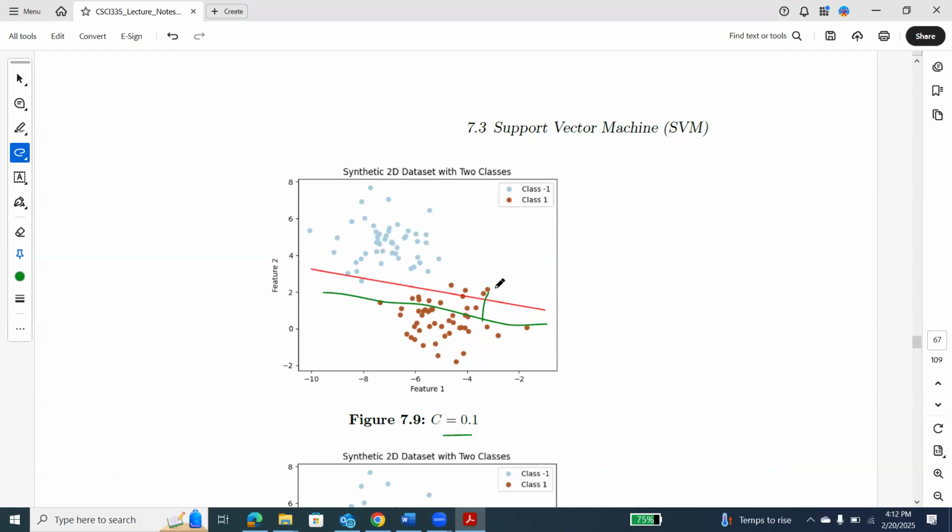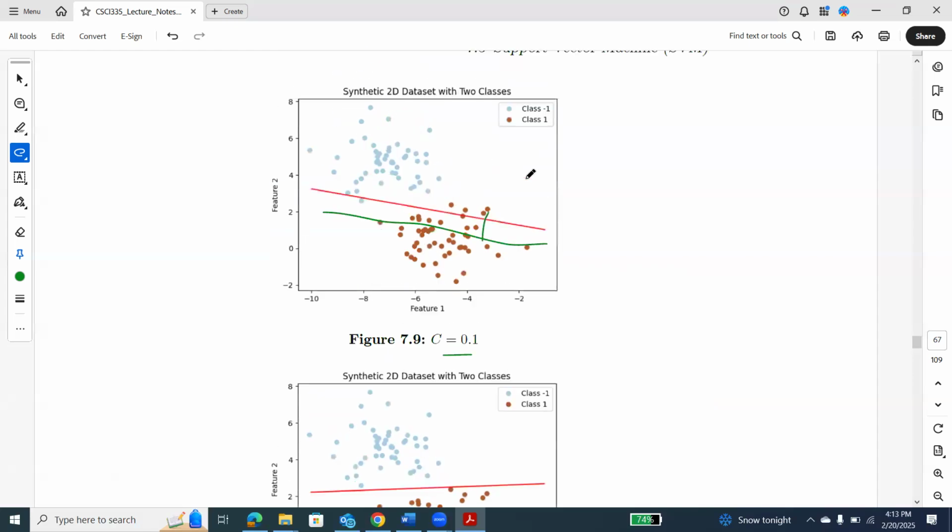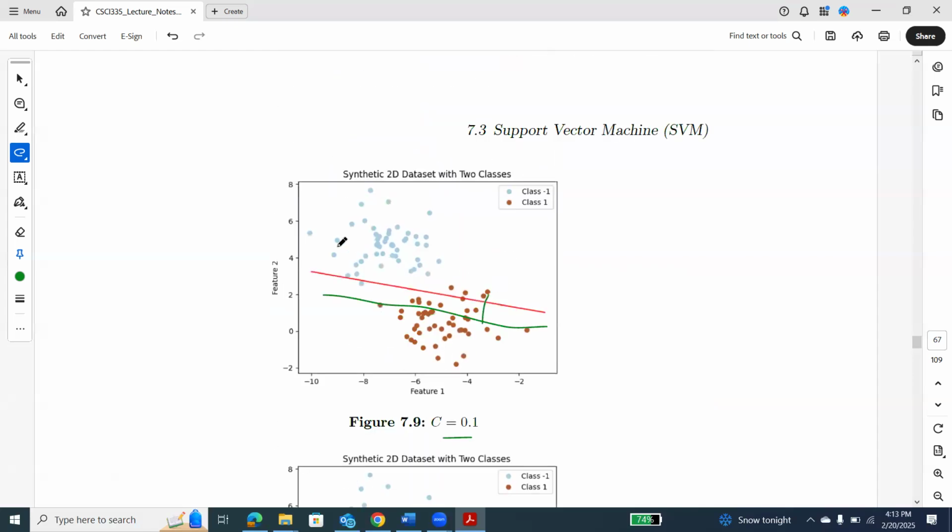If C is large, like 5, it means that the error xi should be small. So if our decision boundary is here, we don't have misclassifications. Of course, some points can lie inside this strip, but not far away, like in the previous case.